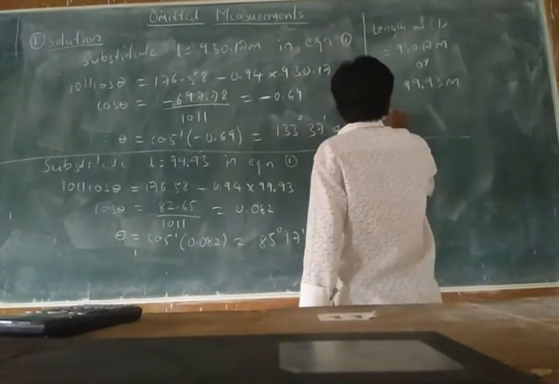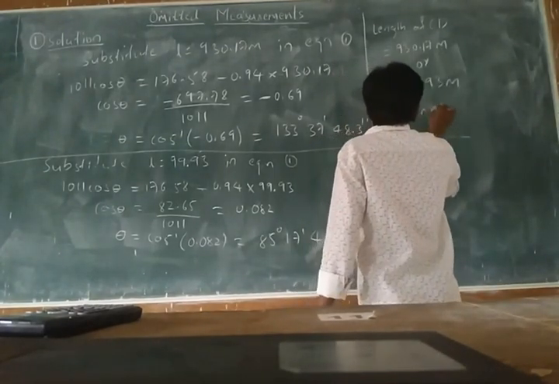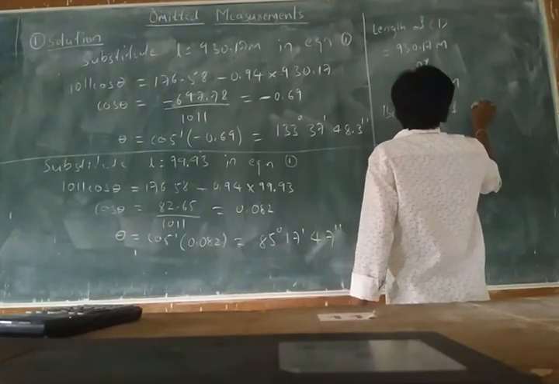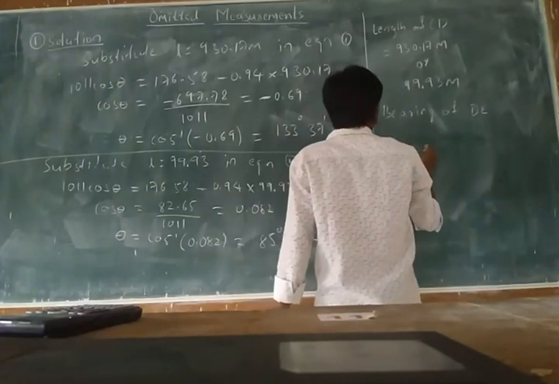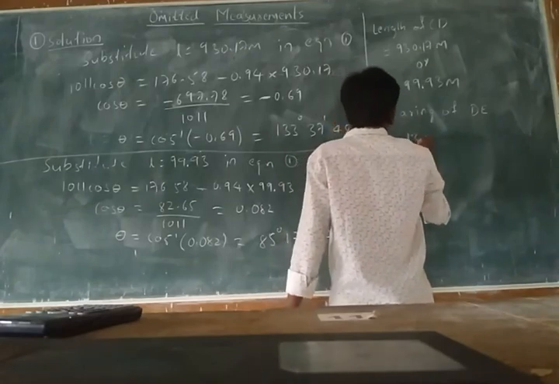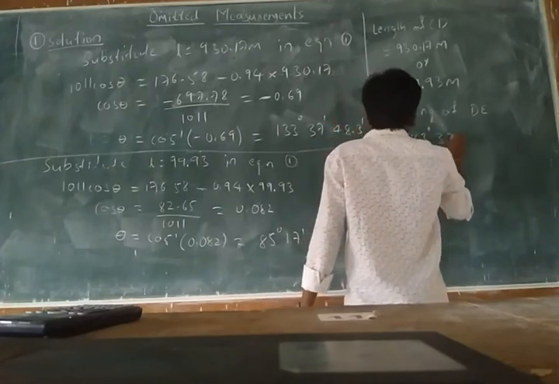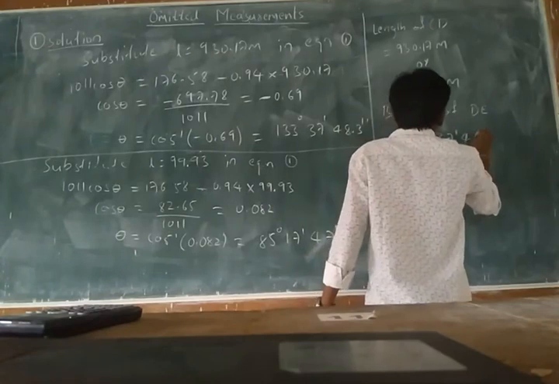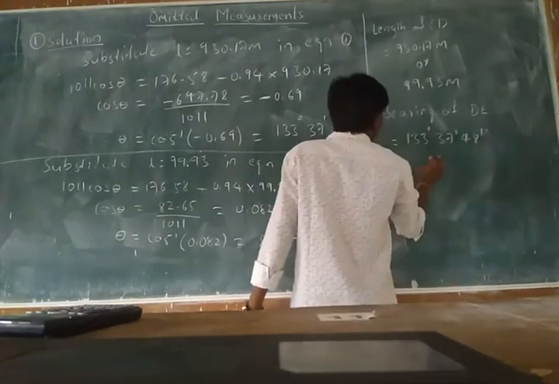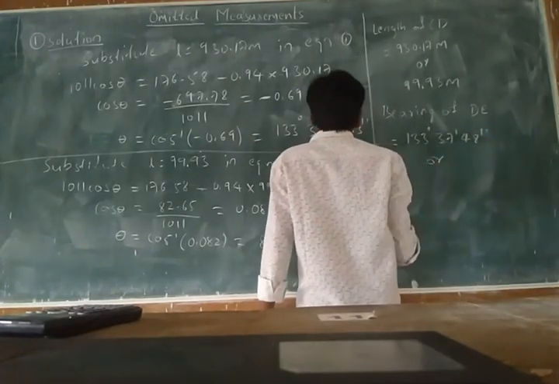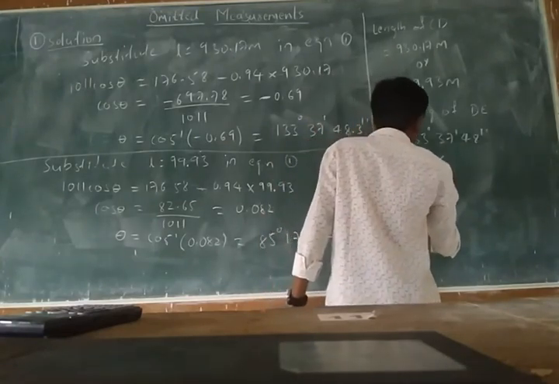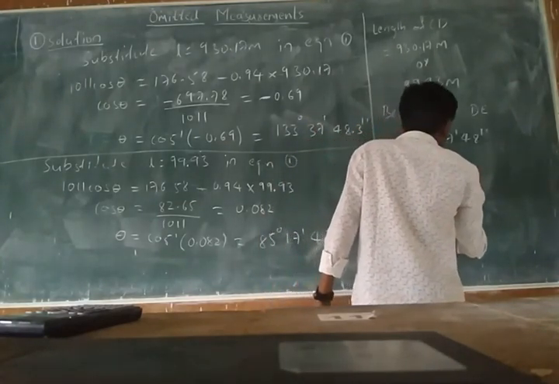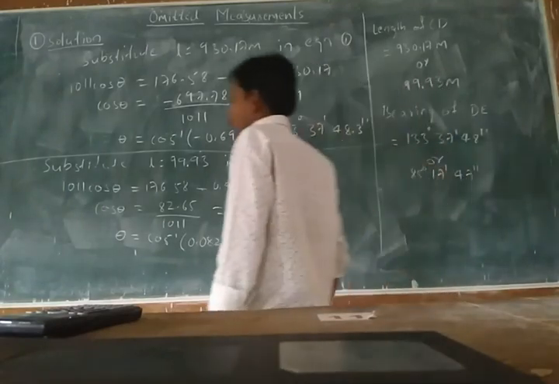Now the bearing of DE is equal to, first one is 133 degrees 37 minutes 48 seconds, or the other one is, sorry, 85 degrees 17 minutes 47 seconds.